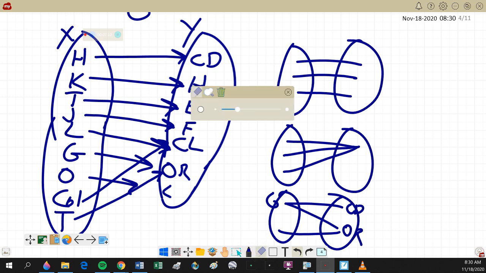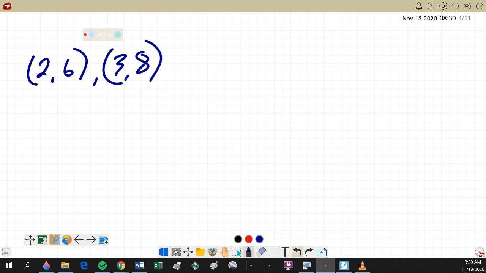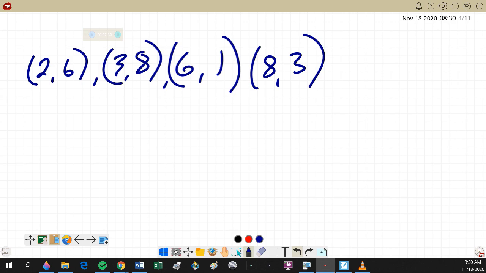So what do we do with that? Well, let's say I listed a function like this. Is that a function? How do we check? We could draw it out, or we could look at it. There are no duplicate x's.